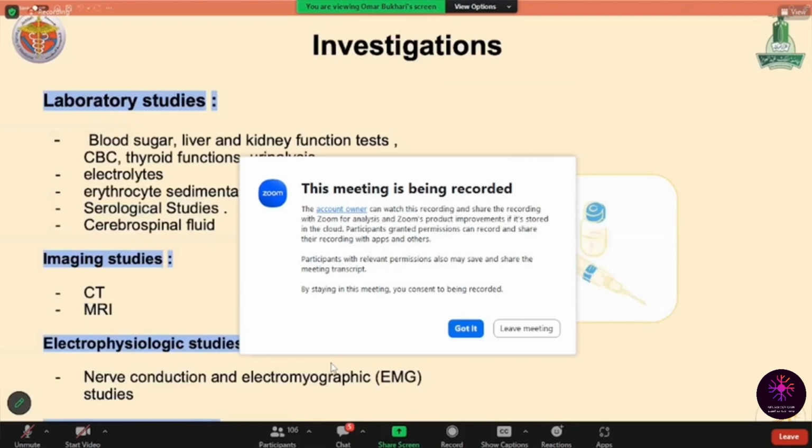So after taking history and doing full neurological examination and general examination, we go to laboratory studies such as basic routine labs, CBC and chemistry, and thyroid function test, because hypothyroidism can cause myopathies. Urinalysis and electrolytes, for example.